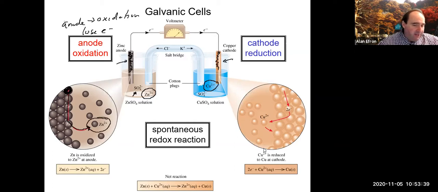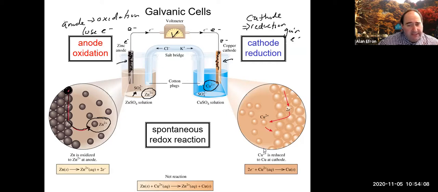And those electrons that the zinc loses in this particular example can travel through this wire, go through a voltmeter, and you'll get a voltage. And the electrons can travel to the other side. On the other side of a galvanic cell is the cathode side. And as it says there, on the cathode side, that is where reduction takes place, and you actually gain electrons.